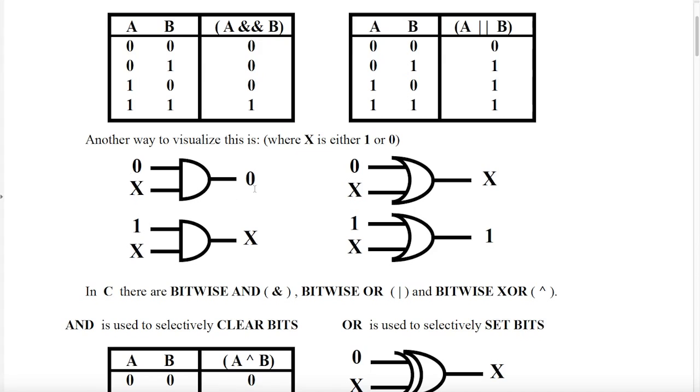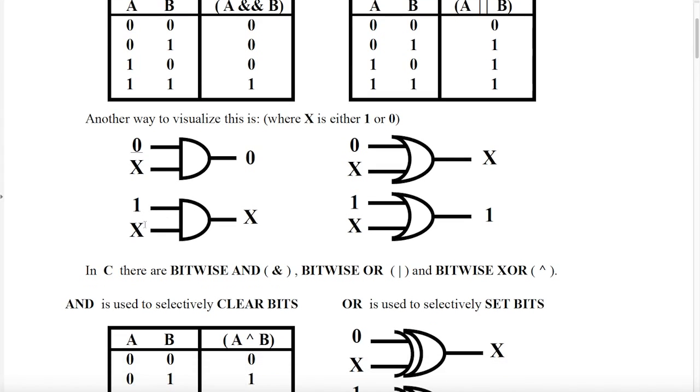If this is 1, my answer is 1. It doesn't matter whether it's a 1 or 0, my output is going to be a 0 if my mask bit is a 0. For an AND function, if our mask bit is a 1, then if this is a 0, my answer is 0. If this is a 1, my answer is 1. So the bit will actually come through completely unchanged. The mask bit of 0 goes to 0, and a mask bit of 1 comes through unchanged.